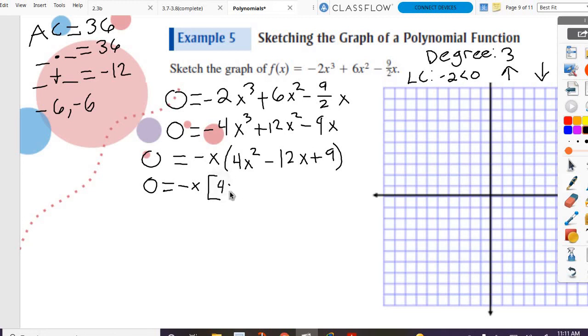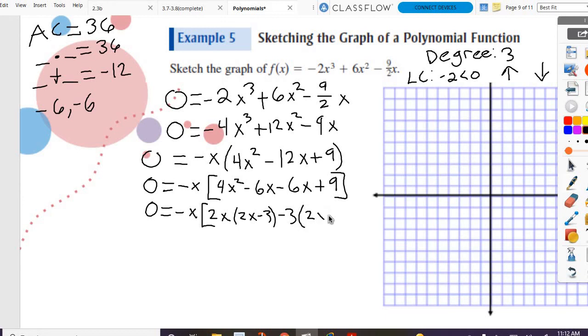We would have 4x squared minus 6x minus 6x, because remember we are factoring by grouping. So we can factor out a 2x from our first group, and we're left with 2x minus 3. And then what do we need to factor out of our second group? A negative 3, and we're also left with 2x minus 3.